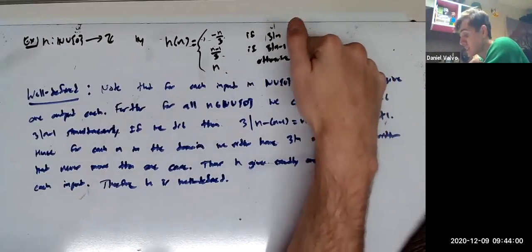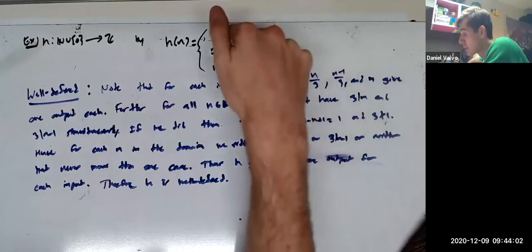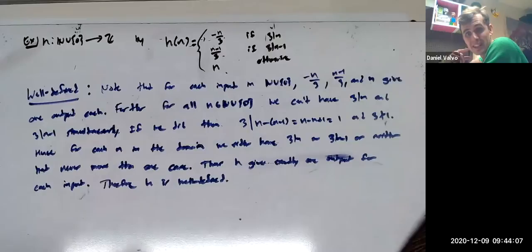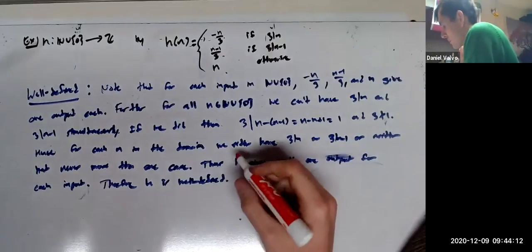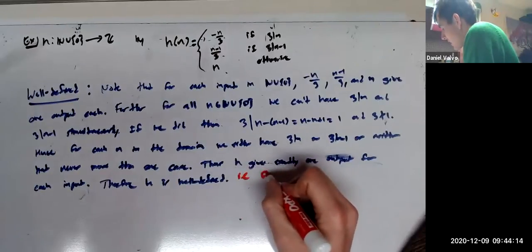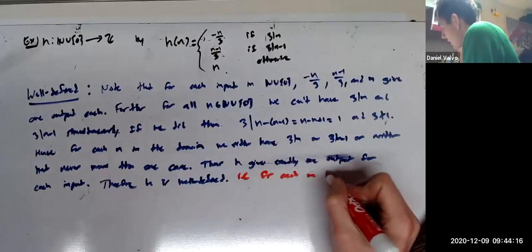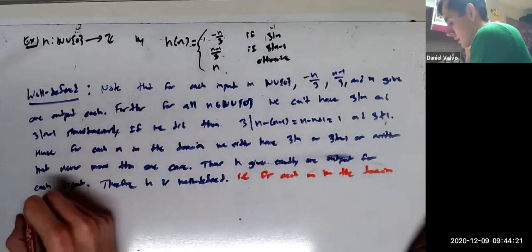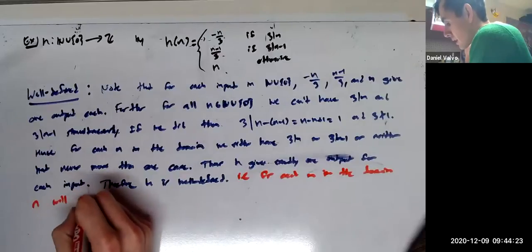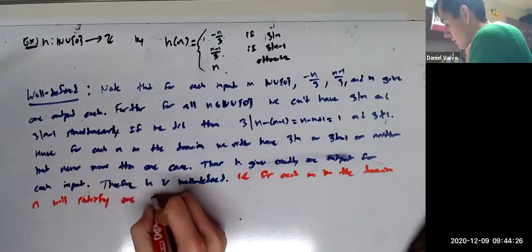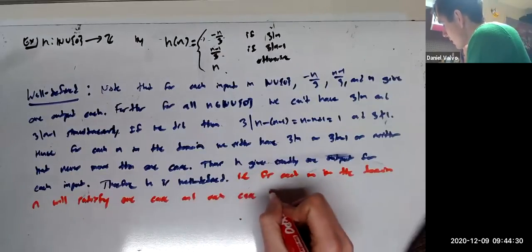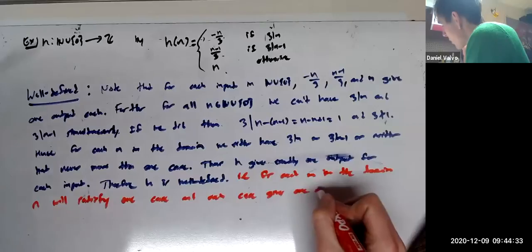So all we're saying here is that if you give me any integer in, it's going to be exactly one of these cases. Whichever case you go in, this will give me exactly one output. That's it. That means well defined. I wish I just said that. I.e., for each input in the domain, it will satisfy one case, and each case gives one output.